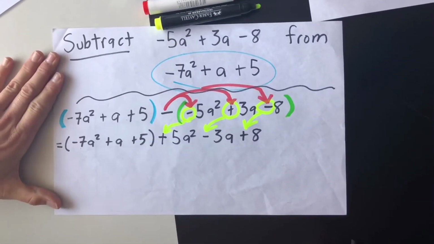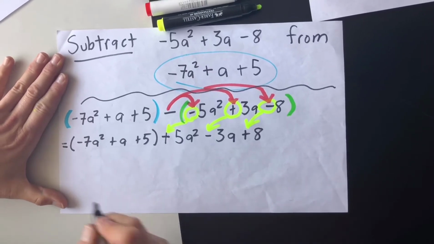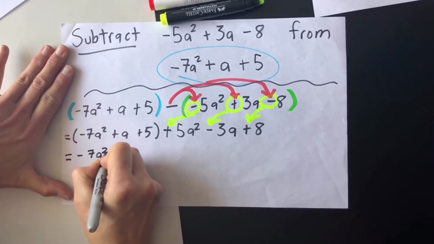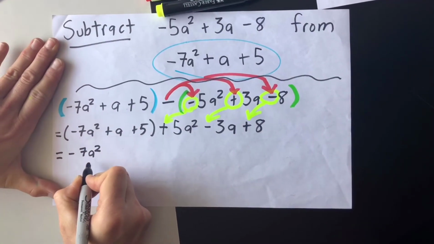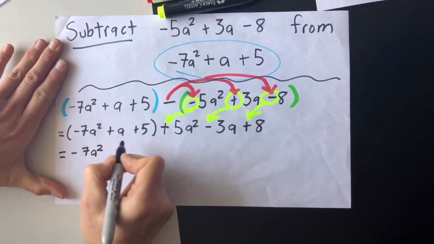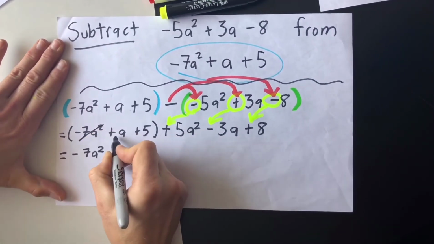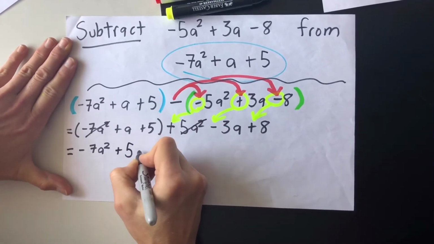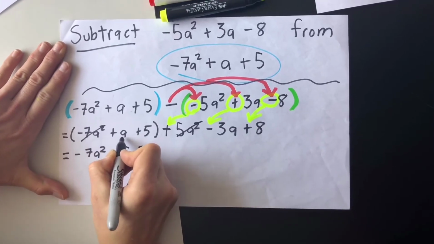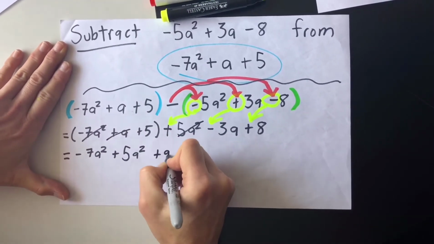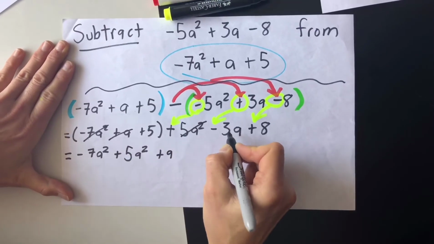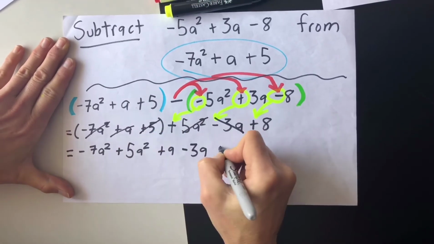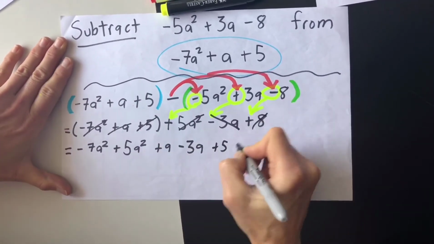So then you just regroup so you can simplify this expression, starting with the highest powers to the least powers. So here I have a squared, and I find another a squared, plus 5a squared. Next term would be a plus a minus 3a plus 5 plus 8.